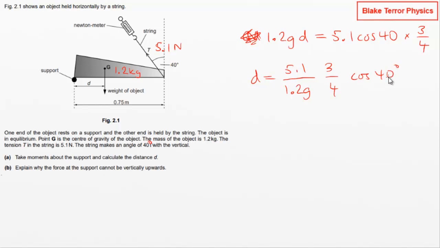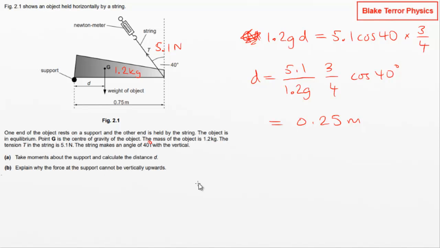We just have to whack that in: 5.1 divided by 1.2 divided by 9.81 multiplied by 0.75 multiplied by cos of 40 degrees equals 0.249, so 0.25 meters.